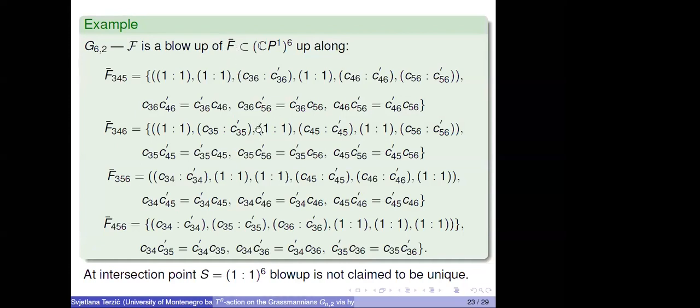Each pair of these 2 submanifolds intersect in this point. So here, of course, arises the question of the blow up at this intersection point, and it's not claimed to be unique, this blow up. So the universal space of parameters in this way is not claimed to be unique. Up to now, we have not proved that.